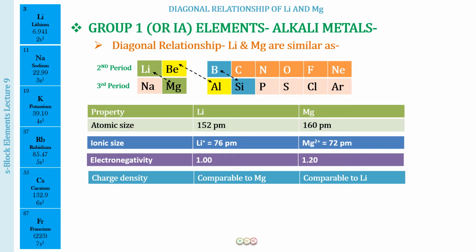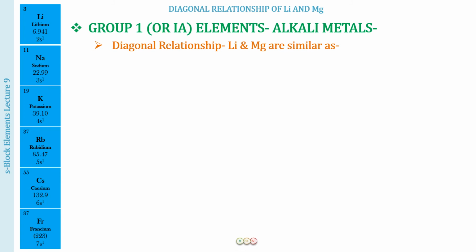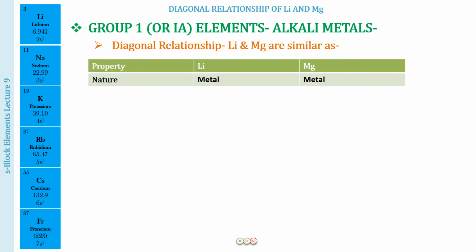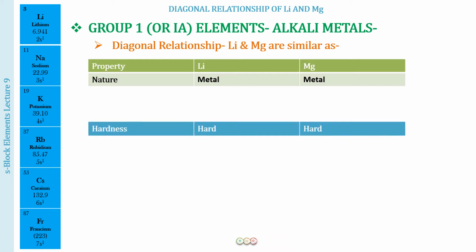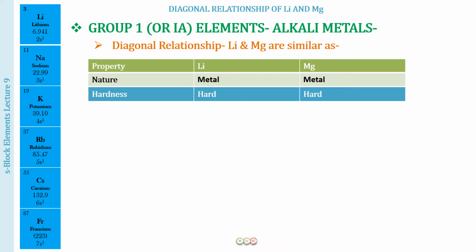Now let us quickly look at what are the properties which are similar for both of them. So first of all, both of them, lithium and magnesium, are metals, and in fact both of them are hard metals. You have studied about the alkali metals, that down the group the hardness is going to decrease.